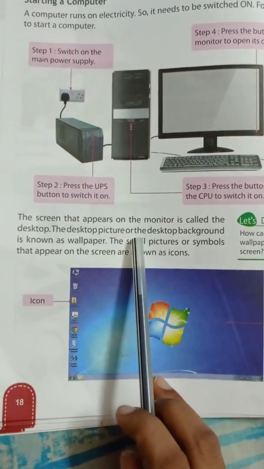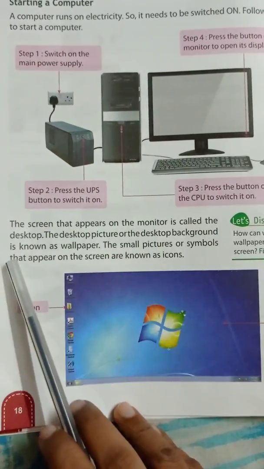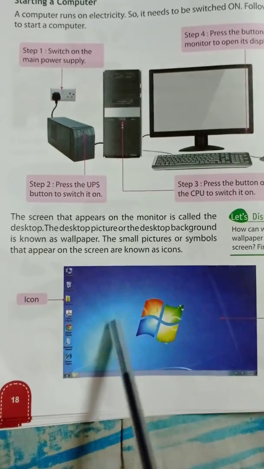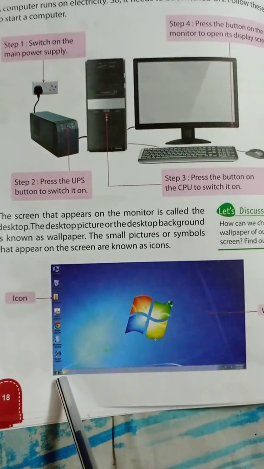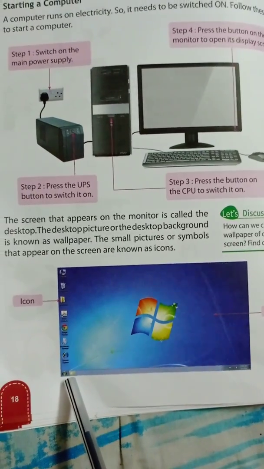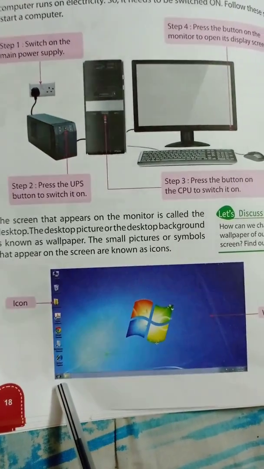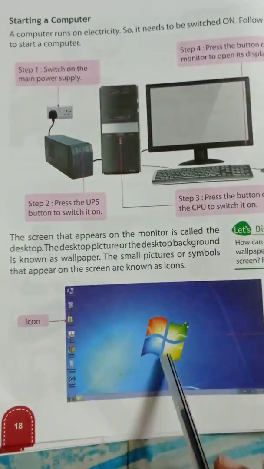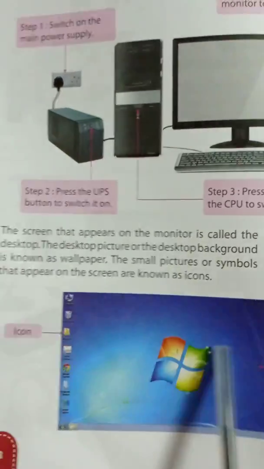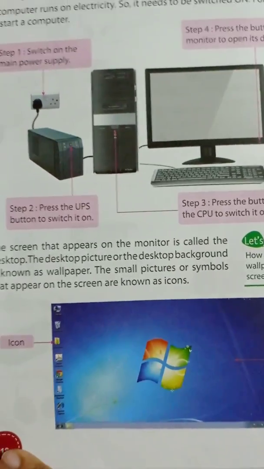The screen that appears on the monitor is called the desktop. So after switching on the computer, this kind of desktop will appear. The desktop picture or the desktop background is known as wallpaper. This picture that you see on this page is the wallpaper.